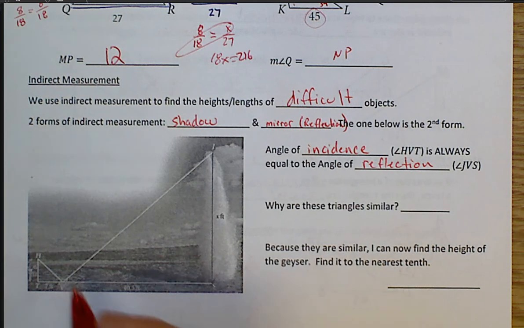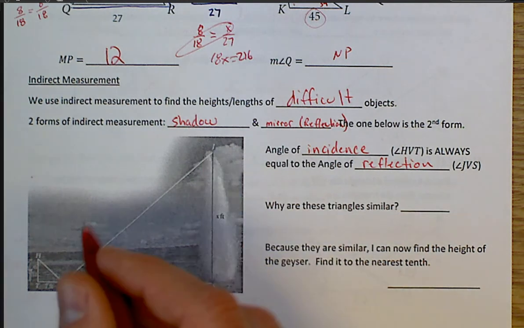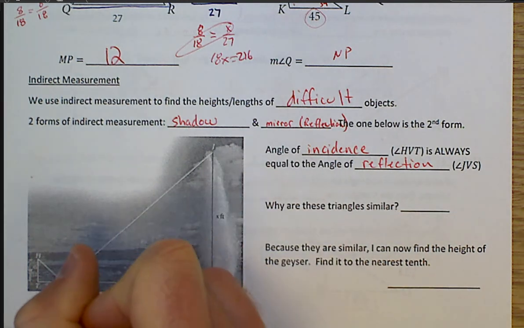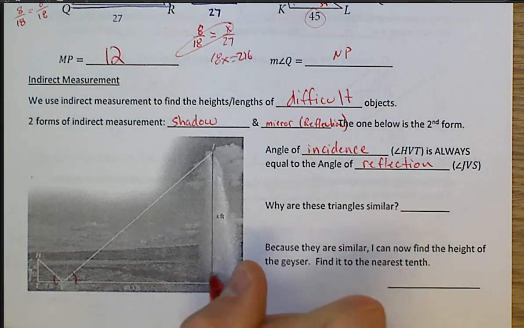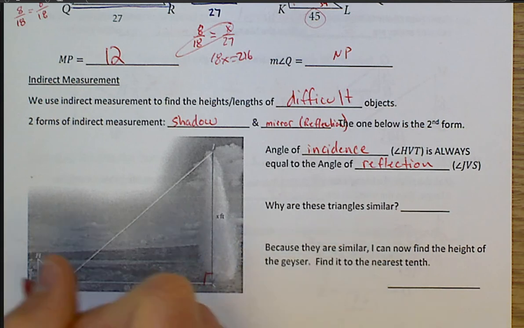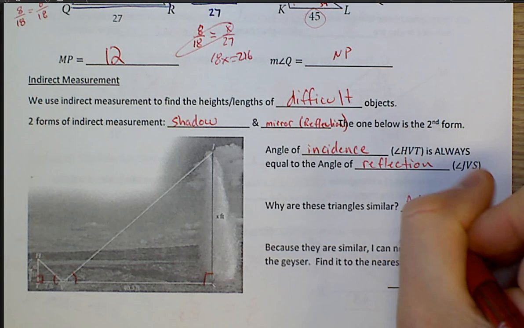That's just saying that when he walks back and he looks at the mirror, the angle that's created from the mirror to his eyesight is going to be the same angle from the mirror reflecting to the top of the geyser. So, in other words, if you can see my red marking, those angles are going to be congruent. Okay? Why are these triangles similar? I know this is tough to see, but there's actually a 90-degree mark there, and there's a 90-degree mark there on that triangle. So we have angle similarity.